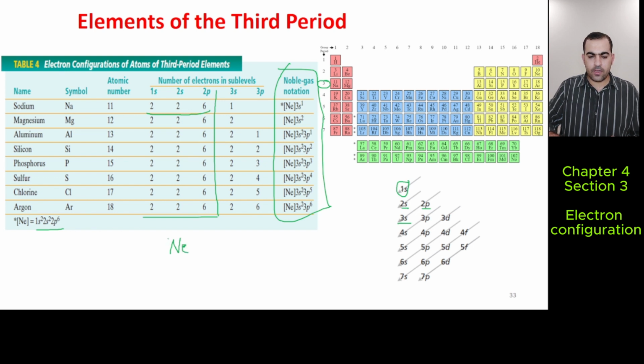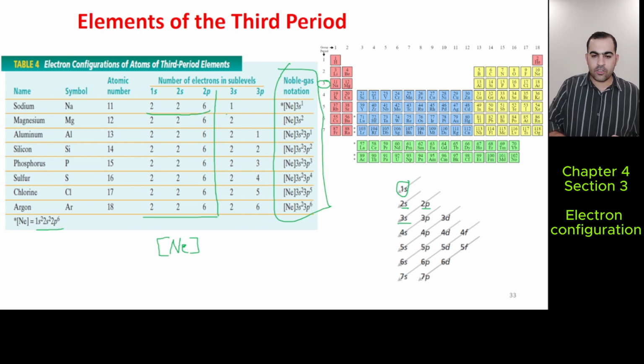Then we put it in an enclosed square bracket. If we write the noble gas notation for sodium, in the 3s we have how many electrons? We have only one electron.